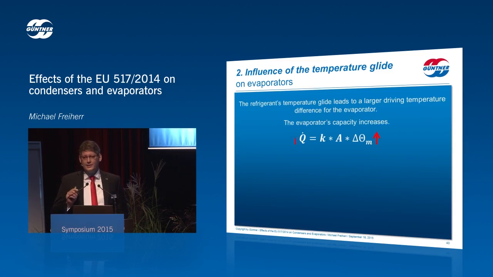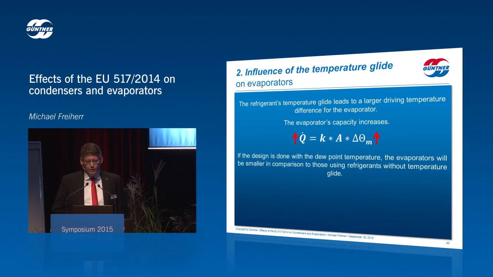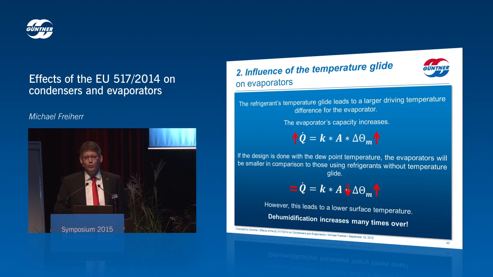So the temperature glide of the refrigerant leads to a larger driving temperature. If you neglect the evaporator's capacity, you can select smaller condensers. But since the surface temperature is lower, dehumidification will increase many times over. That will be the effect.